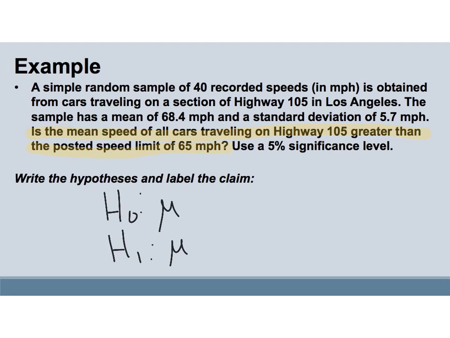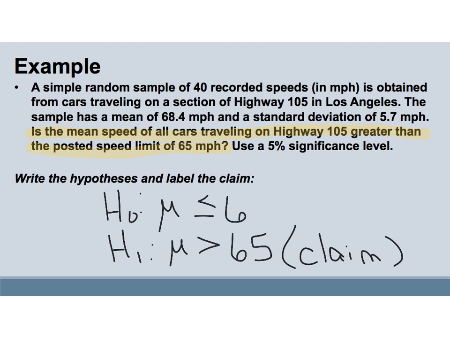That's what it wants to know. So it's not actually a claim this time, it's a little more of a question, but that's still what I'm wanting to know. So I'm going to use this data to figure that out. Alright, greater than, again, goes with the alternative. Label that claim. Opposite of greater than is less than, equal to.